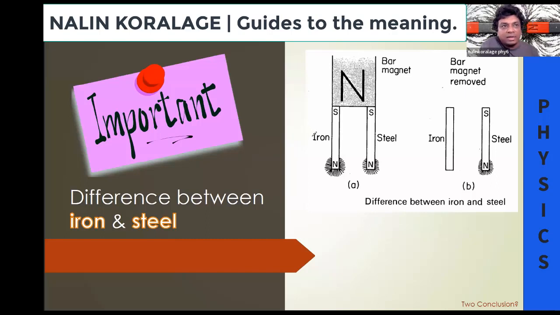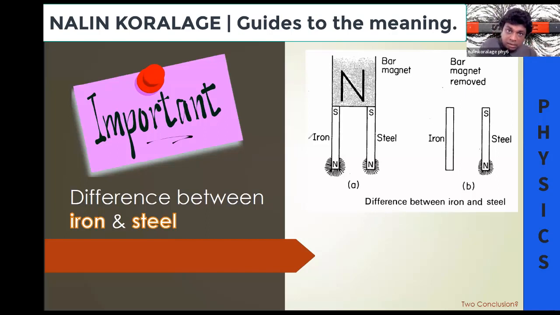Now if we take the magnetic properties, here is how iron and steel behave regarding magnetism. Iron is a magnetic material, and steel is also a magnetic material, very strong magnetic materials. Now, iron can become a magnet very easily, and it can lose magnetism relatively easily.